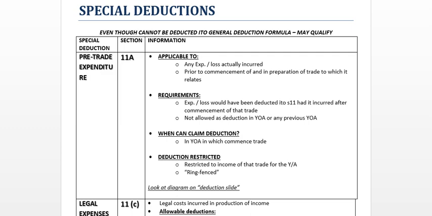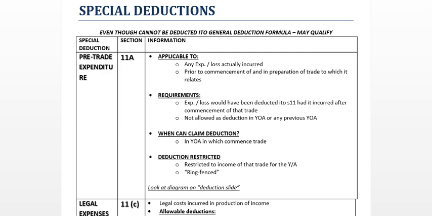Okay, so pre-trade expenditure. These are expenditures made before any income was generated from your trade. It's applicable to any expenditure or loss actually incurred prior to the commencement of, and in preparation for, the trade to which it relates. You might not necessarily have received the income yet, but it's expenditure which you incurred before you embarked on a contract.